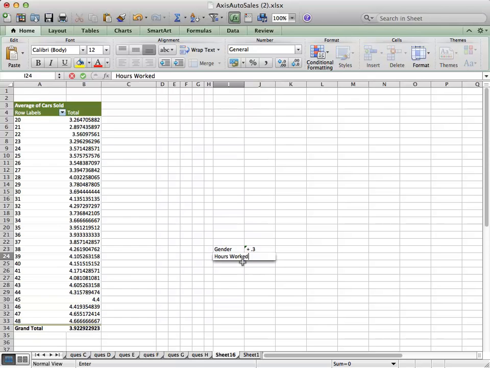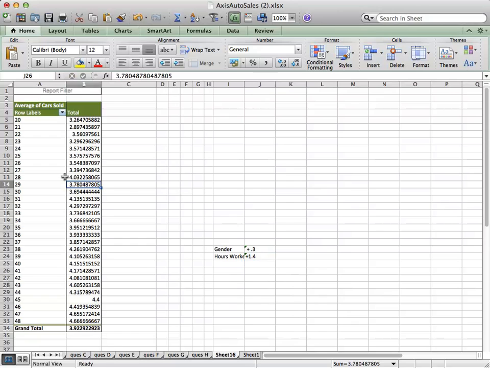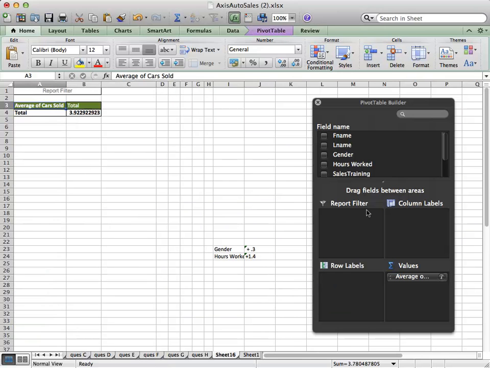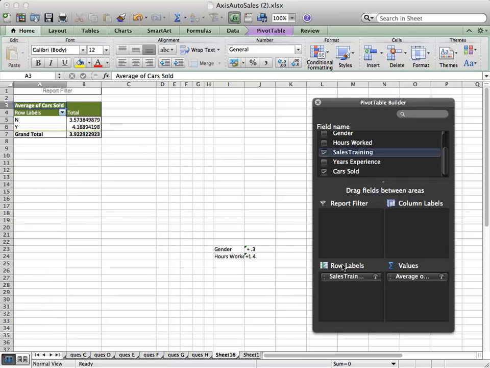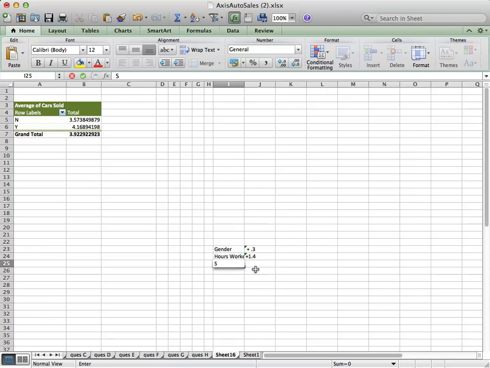So hours worked is good for positive 1.4. And the final one was sales training. Sales training is good for about a 0.5. So sales training is good for positive 0.5.